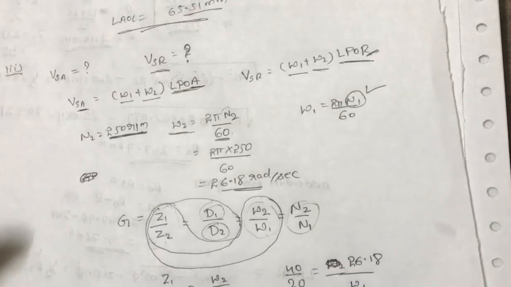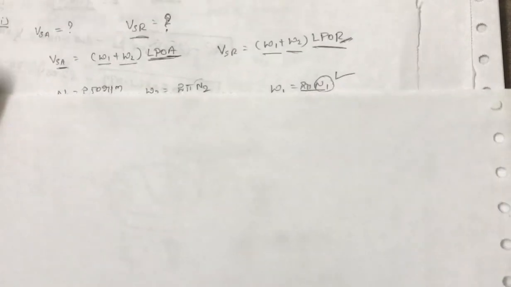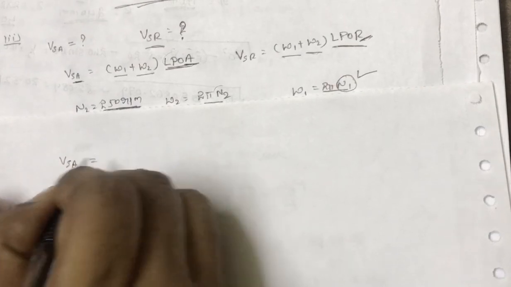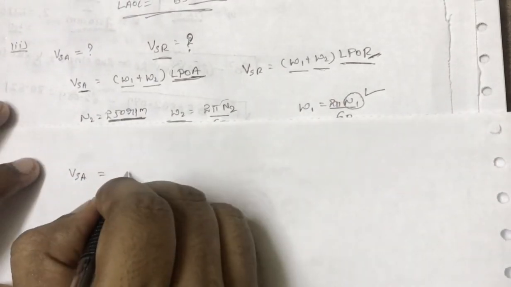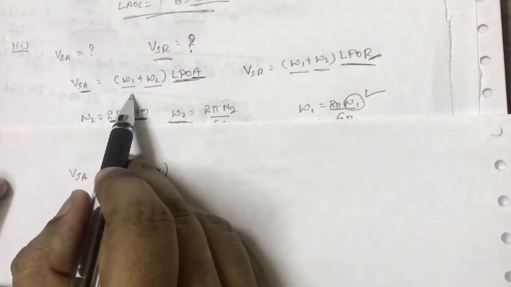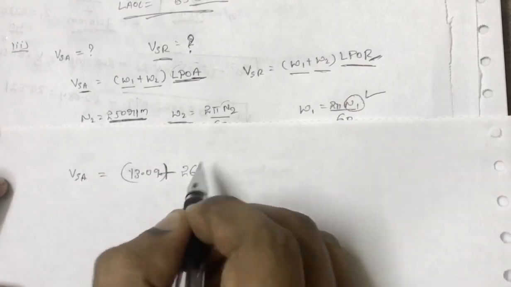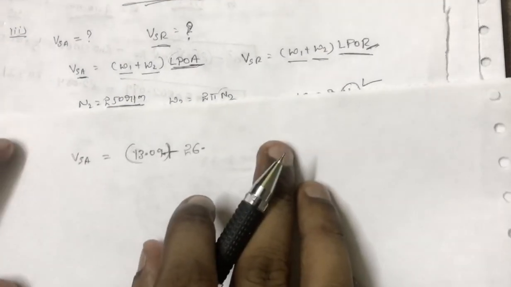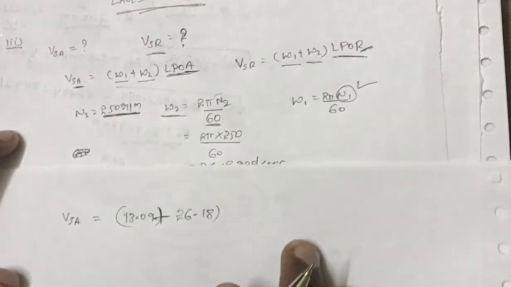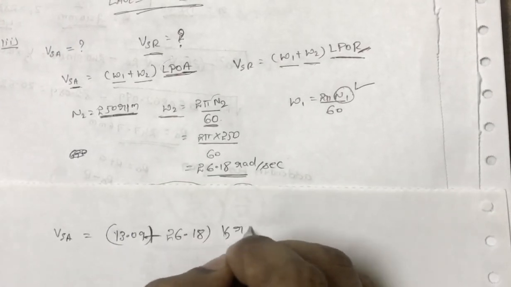So now we'll find out the values of the sliding velocities. Sliding velocity VSA, sliding during approach: omega 1 is 13.09, correct? Omega 1 13.09 plus omega 2 is 26.18, and LPOA, that is half into r sin phi.